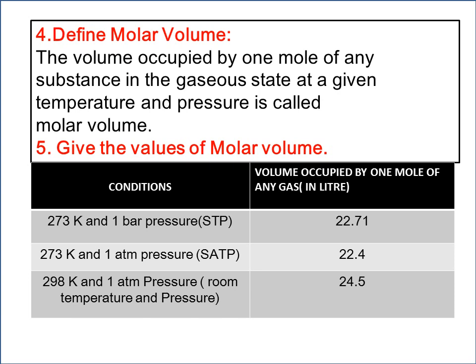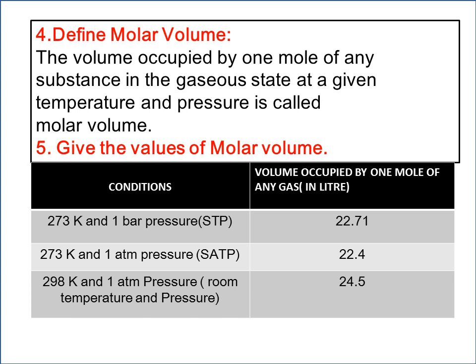So we should give the value of molar volume. Under various conditions, the volume occupied by gas will also vary in liters. For example, at STP, that is standard temperature and pressure, 273 Kelvin and 1 bar pressure, the volume occupied by the gas will be 22.7 liters. And at 273 Kelvin and 1 atmospheric pressure, we call it SATP, the volume occupied will be 22.4 liters.